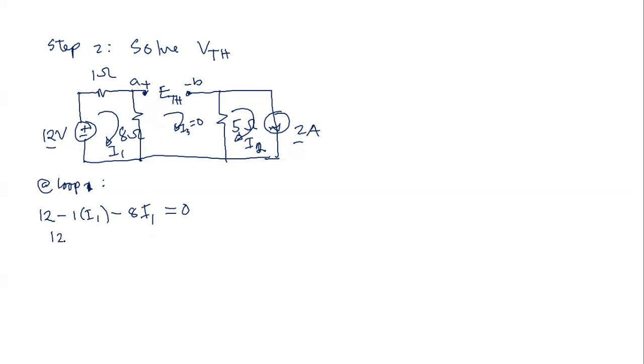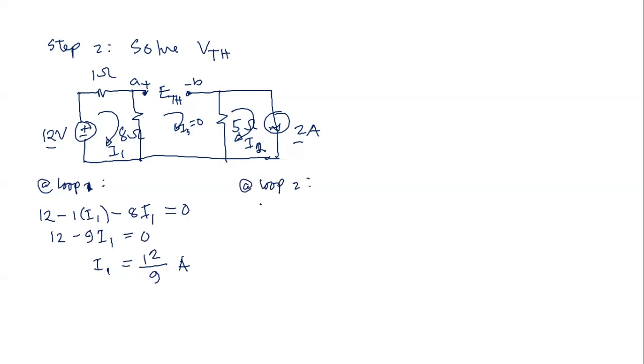So therefore 12, then to simplify, we have minus 9 I1 that's equal to 0. So we can solve for I1 that is equal to 12 over 9 amperes.